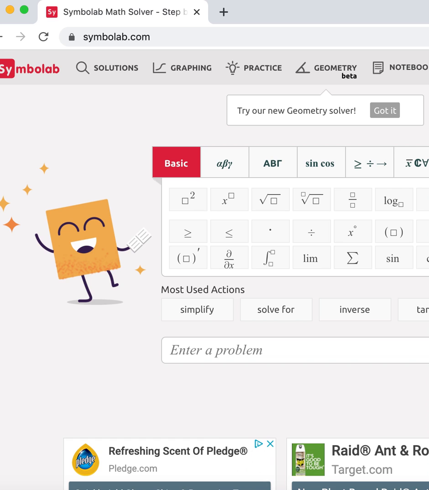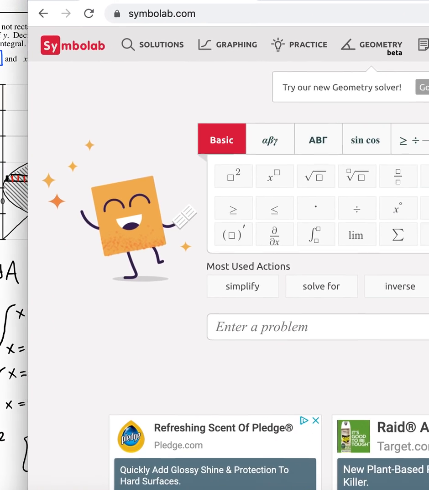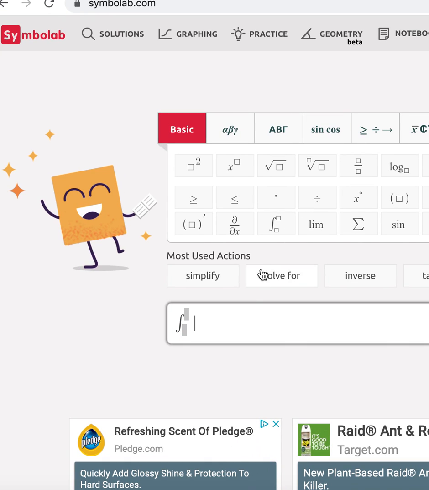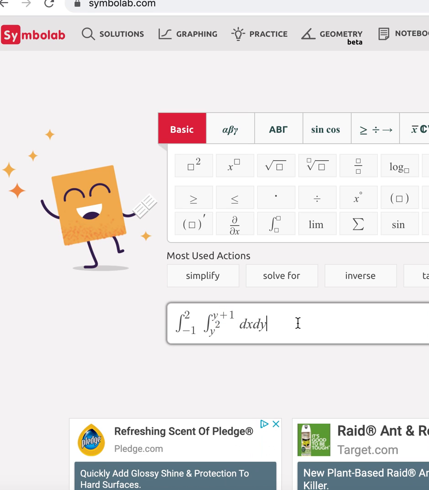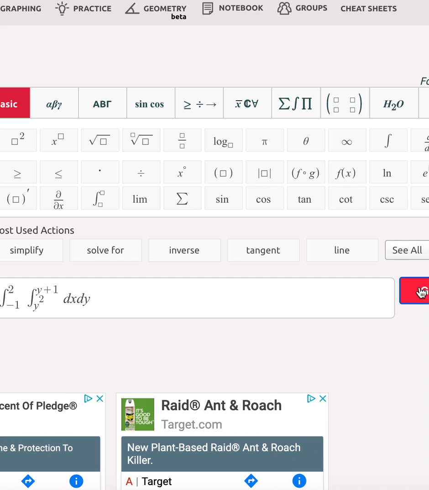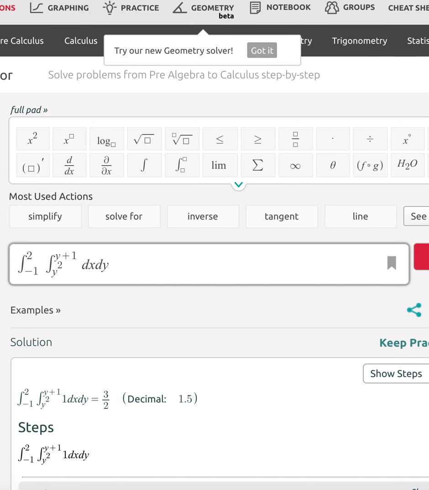Let's check our work with Symbolab. We'll go from -1 to 2 in the y, and from y squared to y plus 1 in the x. There we go.